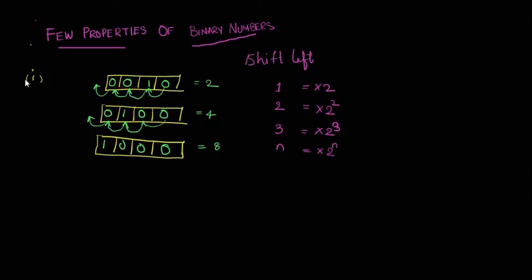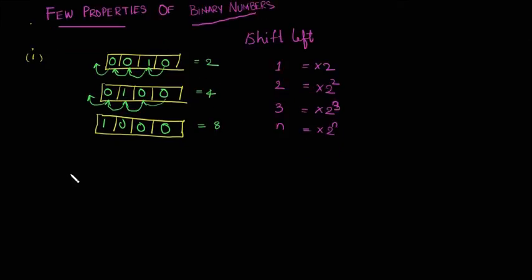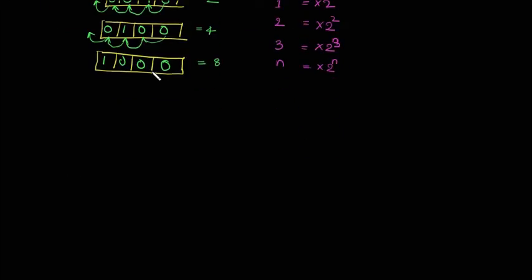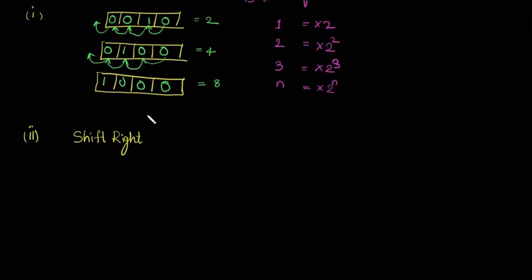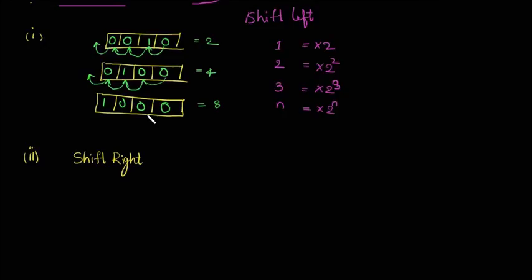Okay, now moving on to the next property: shift right. We have seen what happens if we shift left by one bit. Now we will see what happens if we shift right by one bit. Let us consider this number in the register of 4 bits.